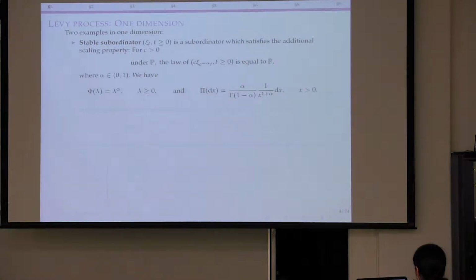I think you've also, in fact, here's a subordinator right now, one that you need to know about. This is the case of a stable subordinator. It's an increasing Levy process without killing in this example. It has this scaling property, a bit like Brownian motion.